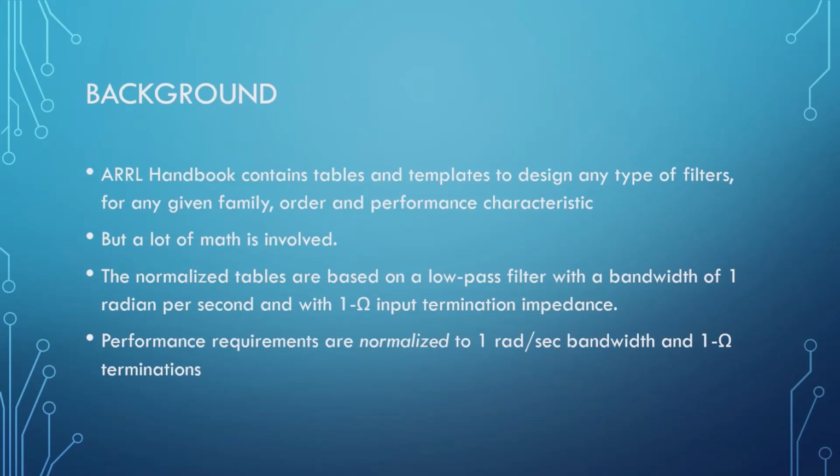So what they've done is put together a set of normalized tables based on a low-pass filter with a bandwidth of 1 radian per second with 1 ohm input termination impedance. Then you can look those up to figure out what values you need for your inductors and capacitors. It's basically a normalized performing circuit.